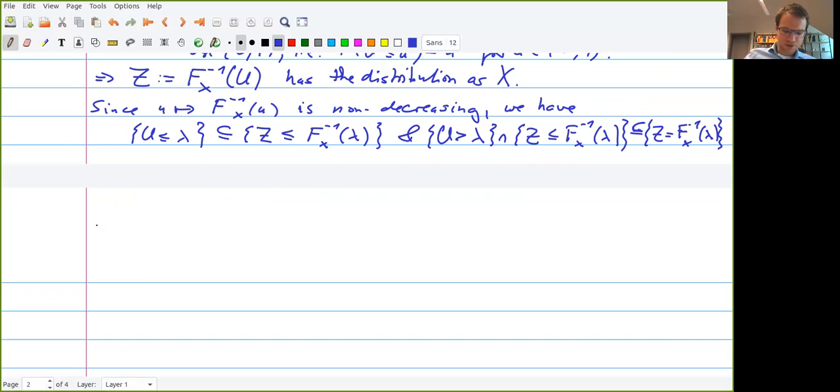Okay, now we want to calculate the value at risk. In order to calculate the value at risk, what do we need to calculate? Well, we need to calculate the integral from 0 to lambda of the inverse function of X at level gamma.